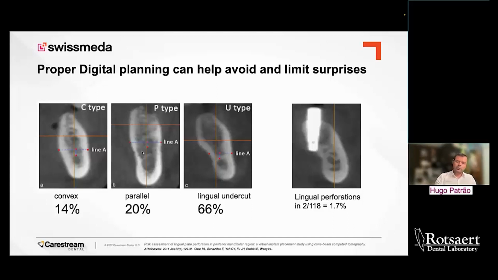So that leaves us to 66% of the cases, actually the U-type bone, especially on the posterior, where you have a massive defect onto the lingual undercut. And unfortunately, 1.7% on average of all the cases placed end up with a plate-to-plate perforation, okay?